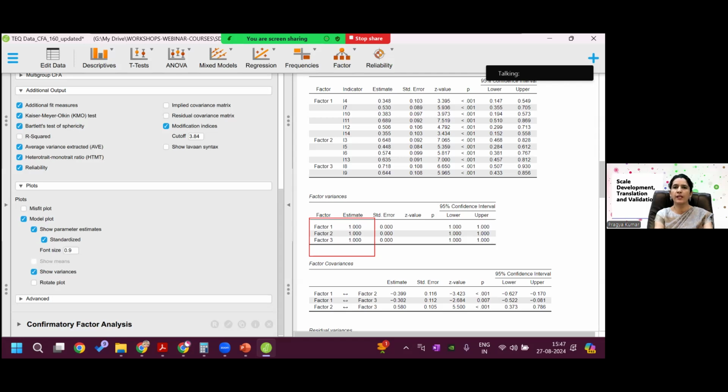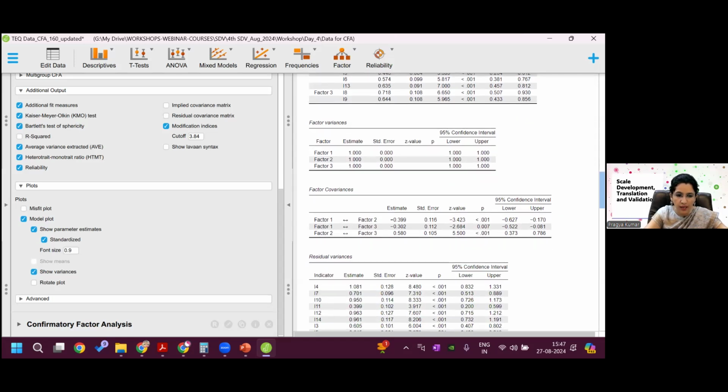So no need to worry. This is the way CFA is done. Just remember that for comparison, all the factor variances are set to 1. So you don't need to report this table. This is understood and implied.